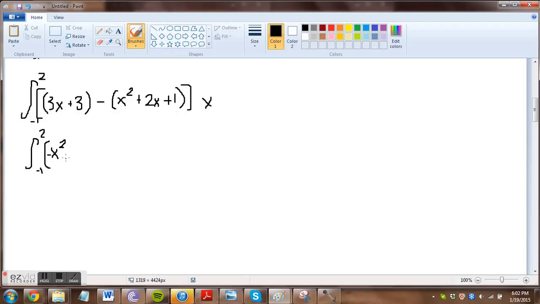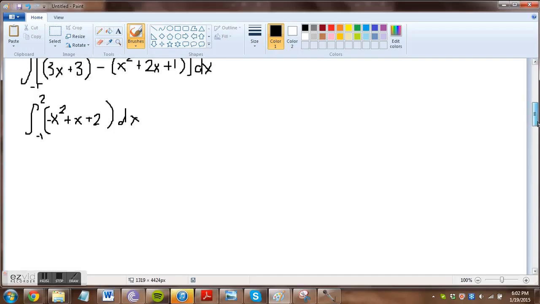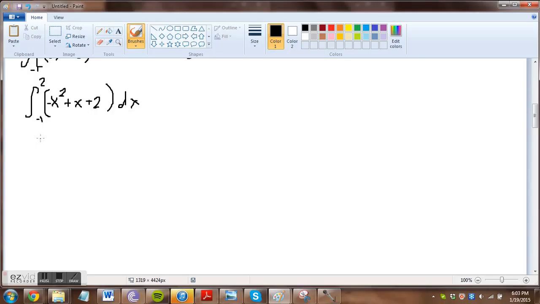We get the integral from -1 to 2 of negative x squared plus x plus 2 dx.